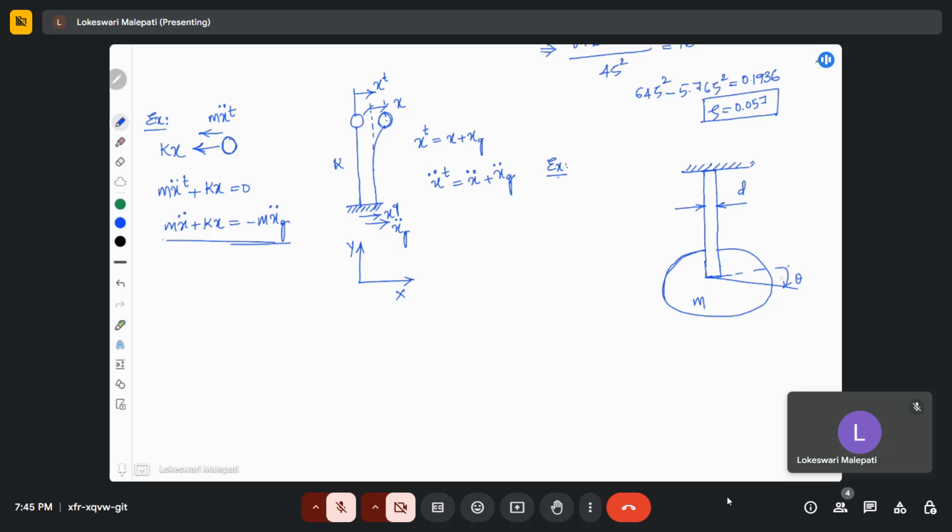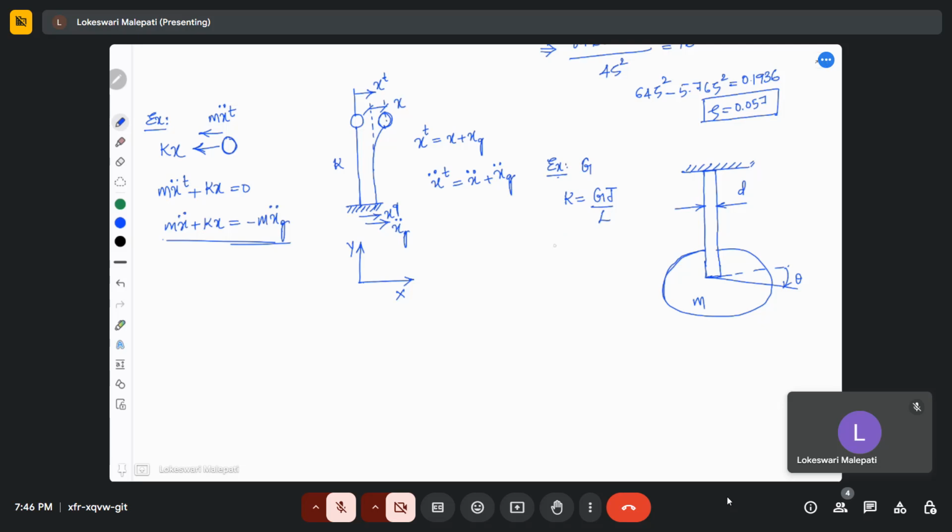Let us assume that the shear modulus for the rod is G, and it's also assumed that this is massless. From the strength of materials course, we learned that for circular rods the stiffness k is equal to GJ by L, or the torque generated because of angular deformation theta.